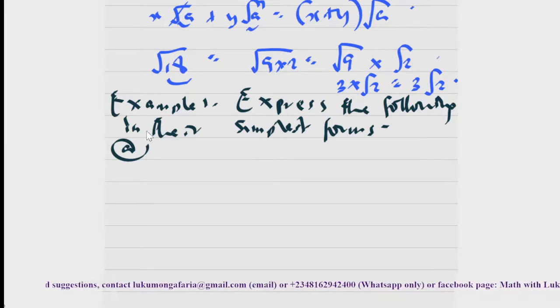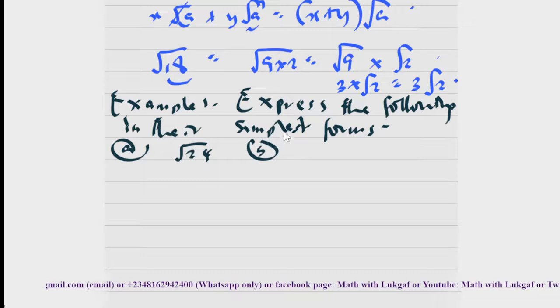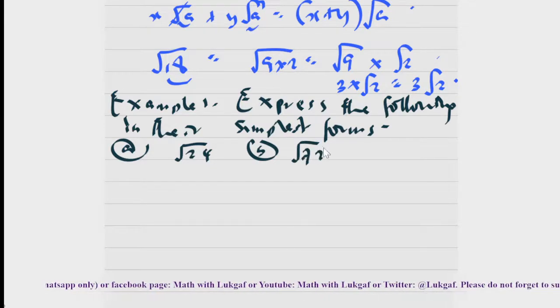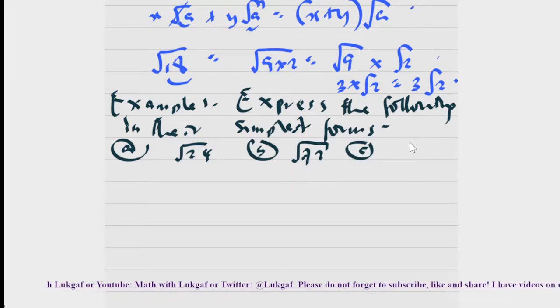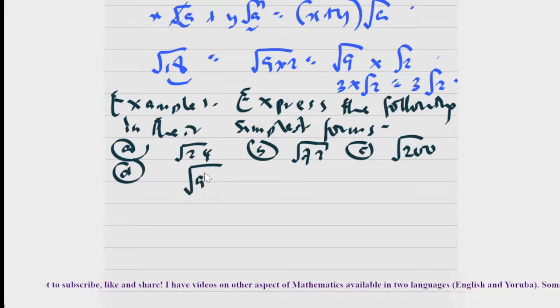Number one, I have root 24. Number two, I have square root of 72. Number three, I have square root of 200. And lastly, I have square root of a to the power of k, b.